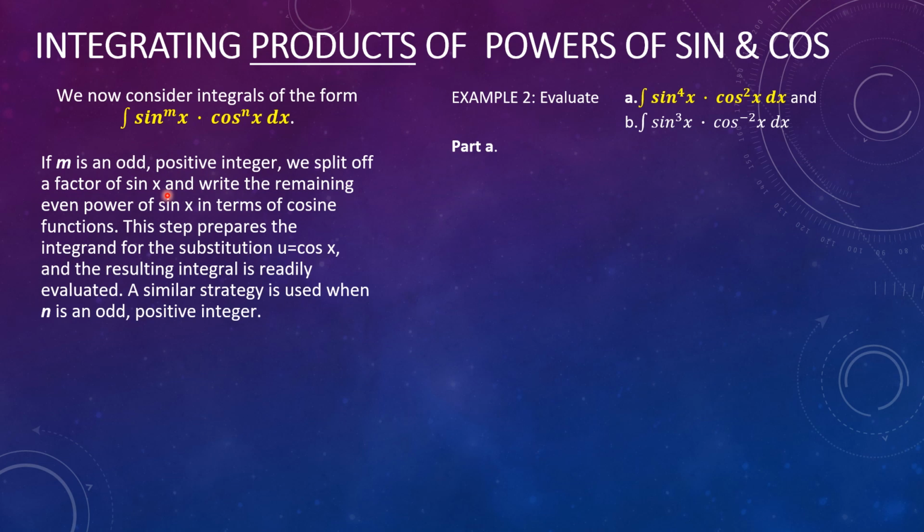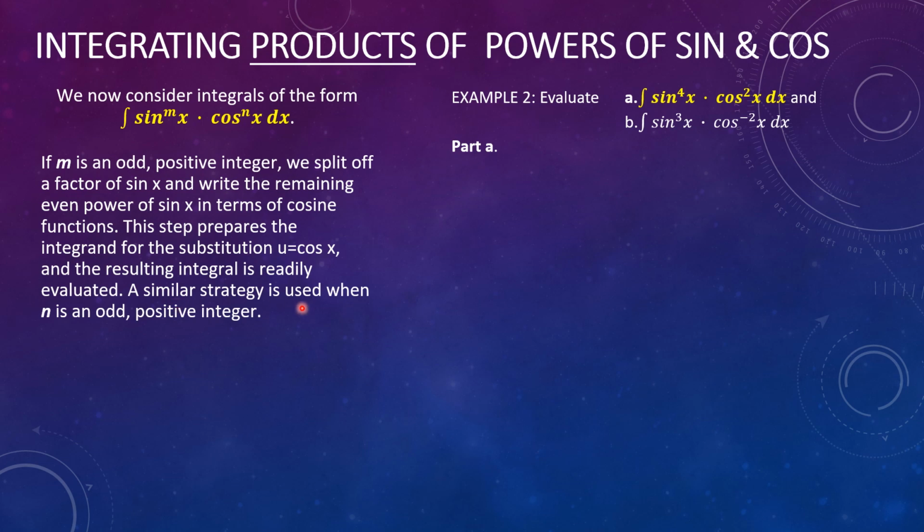We're going to pull out a factor of sine and write the remaining even power of sine x in terms of cosine function. This step prepares the integrand for the substitution u equals cosine x, and then du has that extra factor, sine x, which will take care of that extra factor that we pulled off. And the resulting integrand is readily evaluated.